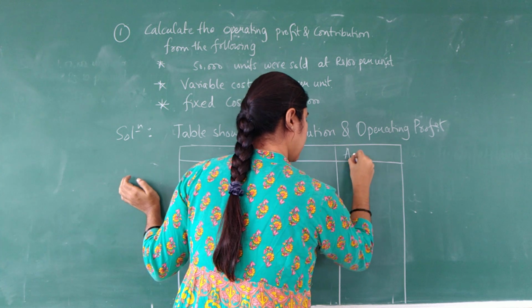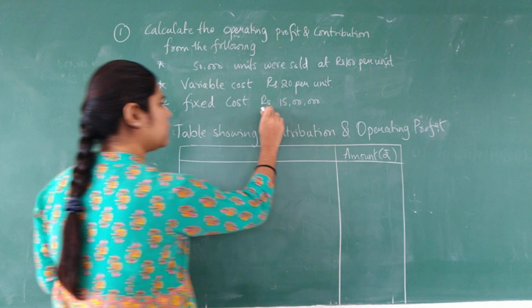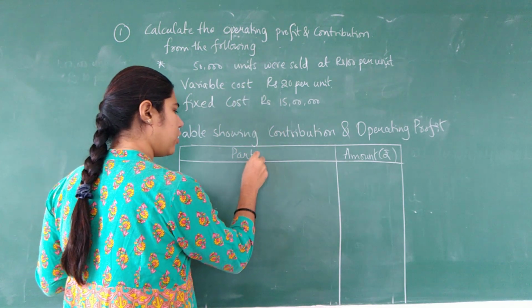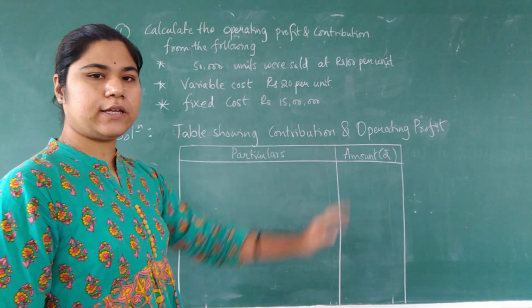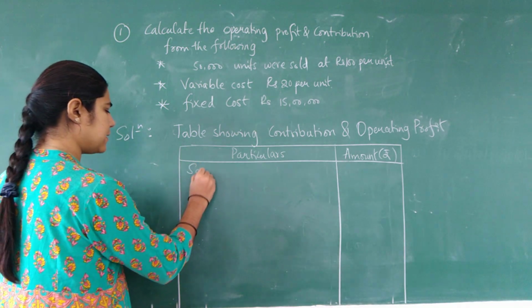Amount in rupees, right? They have given the rupees. If they have given dollars or euro or any other denomination, the same you should mention in your amount column. Okay, let us start with the first one, that is sales.